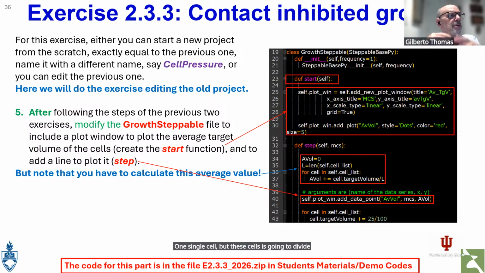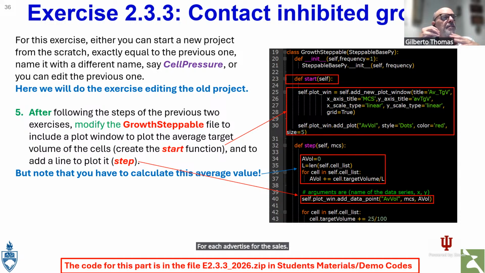The division will create many cells, and each cell grows differently with time because it's a stochastic process. So we are interested in the average target volume of the blob.